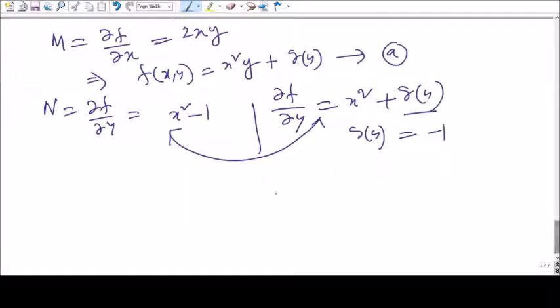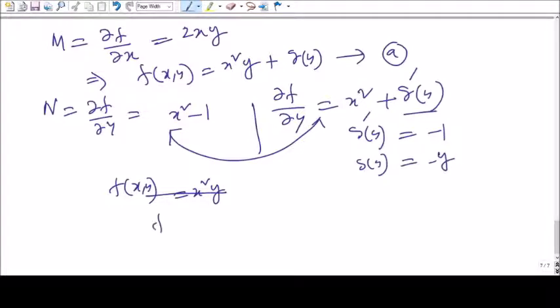Sorry, when differentiating with respect to y, it would be g'(y). So g(y) equals minus y.